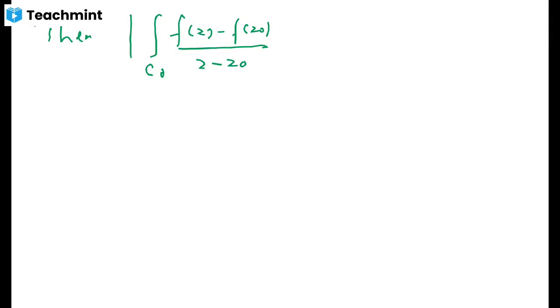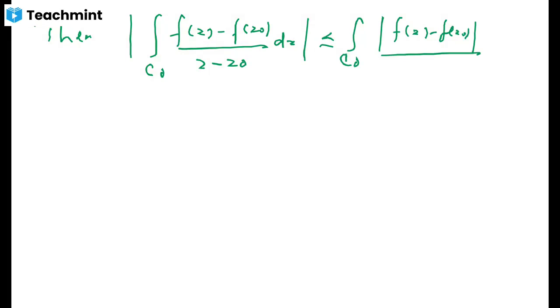So then you have this modulus over C naught of (f(z) minus f(z naught)) upon (z minus z naught) dz. First, you use the property of the line integral that when the modulus interchanges with the integral, the inequality is less than the integral over C naught of mod of (f(z) minus f(z naught)) upon mod of (z minus z naught) into mod of dz.